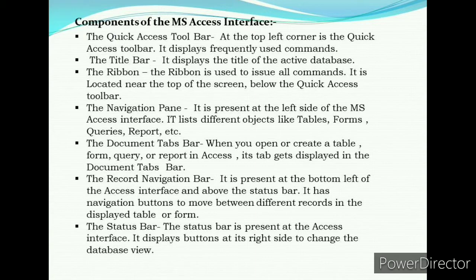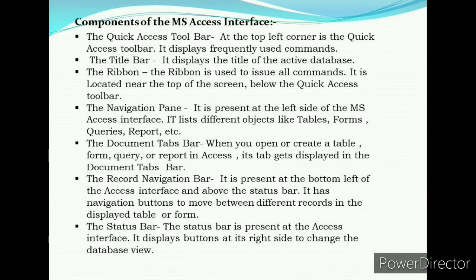The document tab: when you open or create a table, form, query or report in SS, its tab gets displayed in the document tab bar. The record navigation bar is present at the bottom left of the SS interface and above the status bar. It has navigation buttons to move between different records in the displayed table or form.